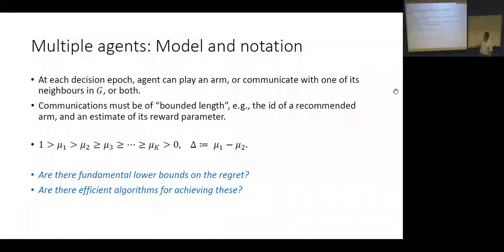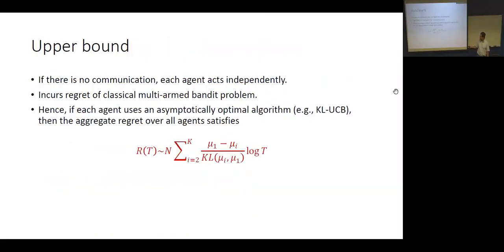Again, in this setting, we want to ask: are there fundamental lower bounds, and are there good algorithms for achieving this? Let's look at two extreme naive bounds. At one extreme, we could assume the agents don't communicate at all. They just do their own thing.